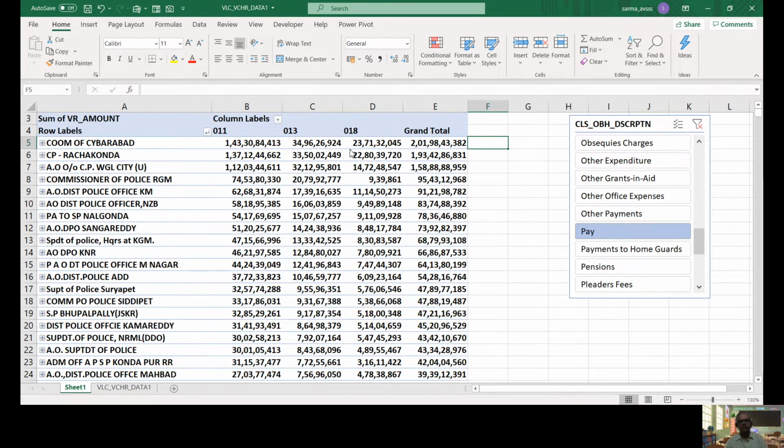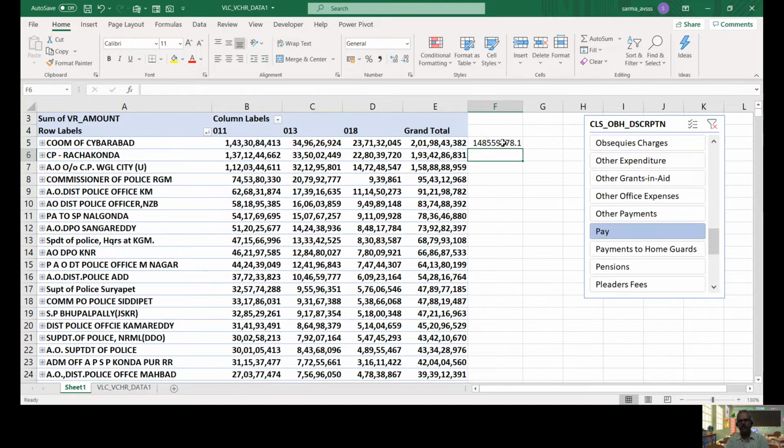So if we compute that, the average pay for each DDO, this is the pay plus DA, so I'm dividing it by 12. So this is the average pay.